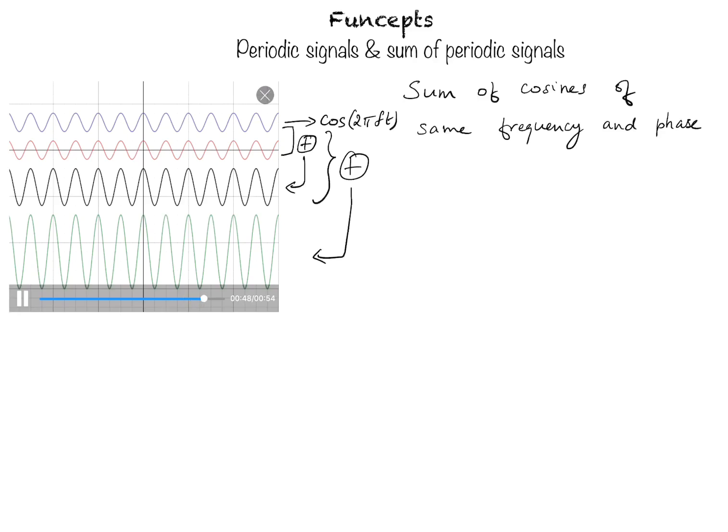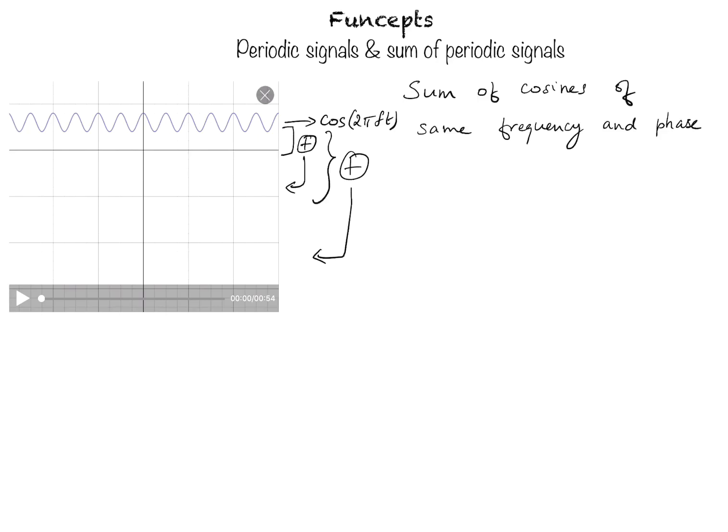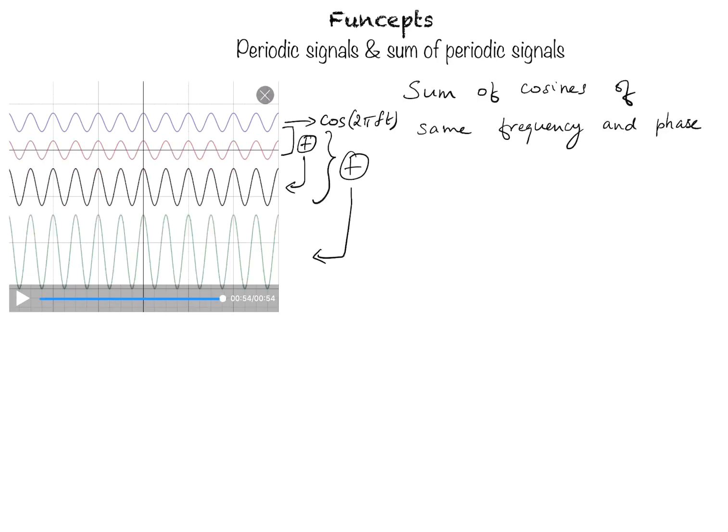So the first thing we observe here is that the sum of periodic signals, cosine by the way is a periodic signal, is also a periodic signal. So the first observation we take note of is that the sum of periodic signals is also a periodic signal.